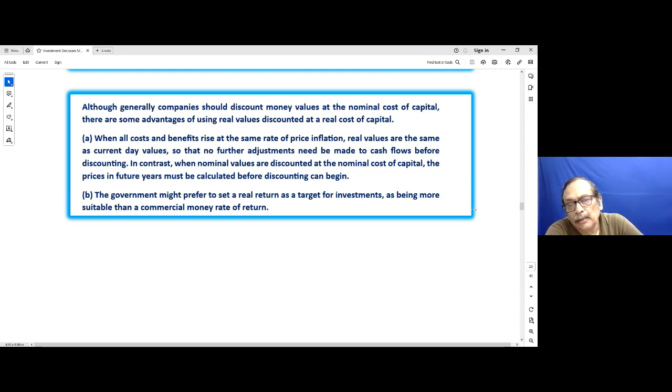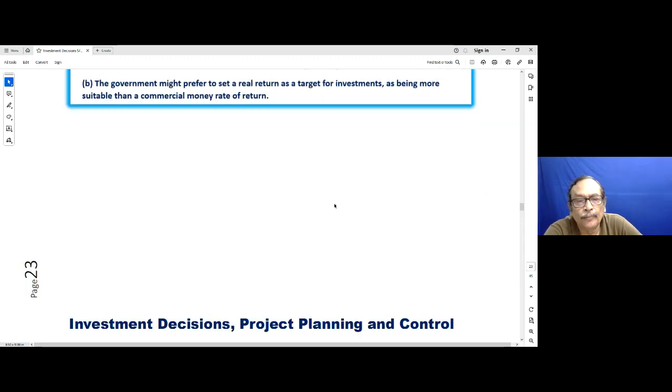In contrast, when nominal values are discounted at the nominal cost of capital, the prices in the future years must be calculated before discounting can begin. The government might prefer to set a real return as a target for investments as being more suitable than a commercial money rate of return.